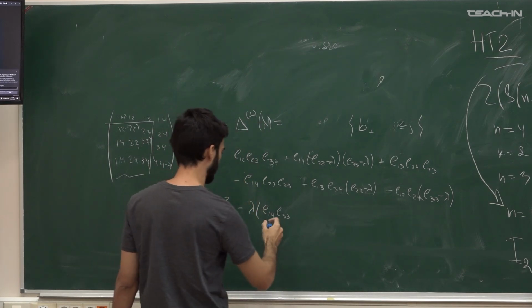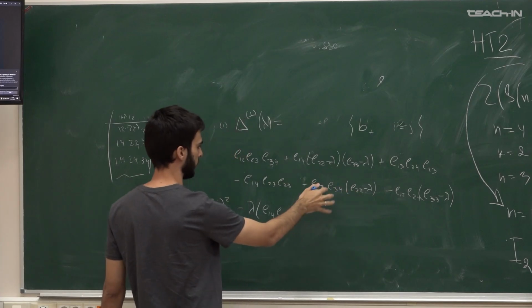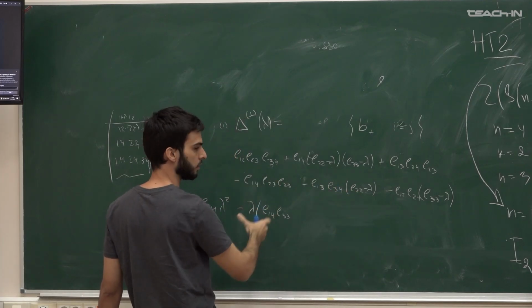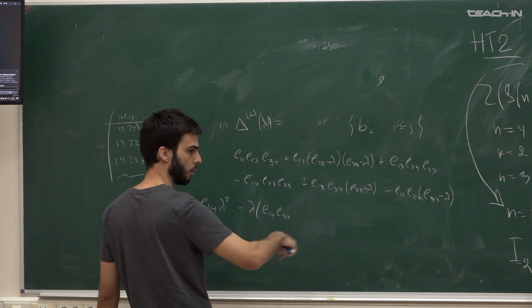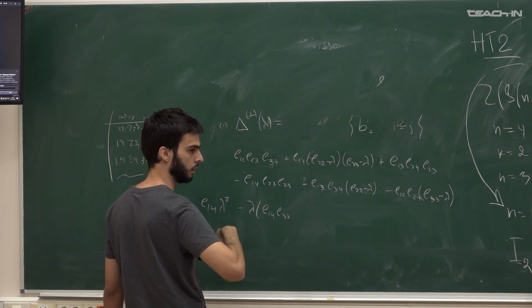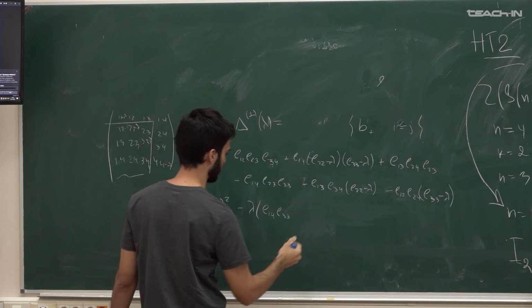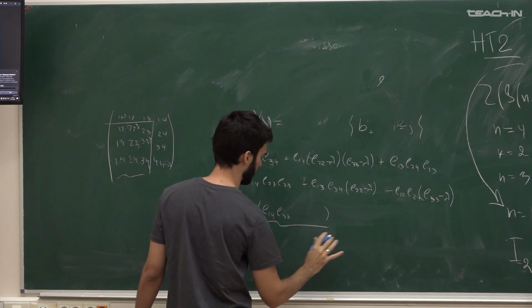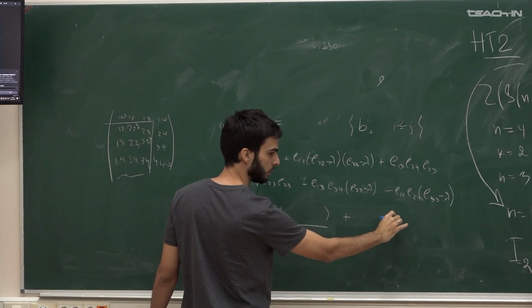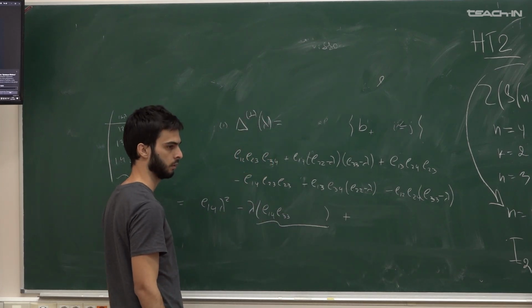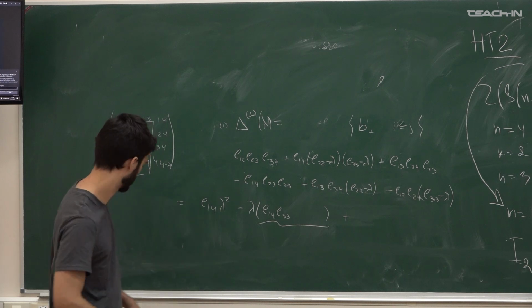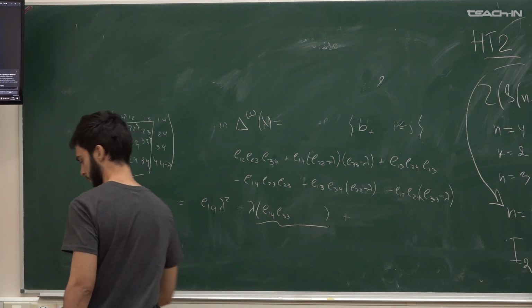So maybe I will omit these terms and will only consider the left linear terms, because this is the term I want. It's better to write it down, because you will see why it is the central element.